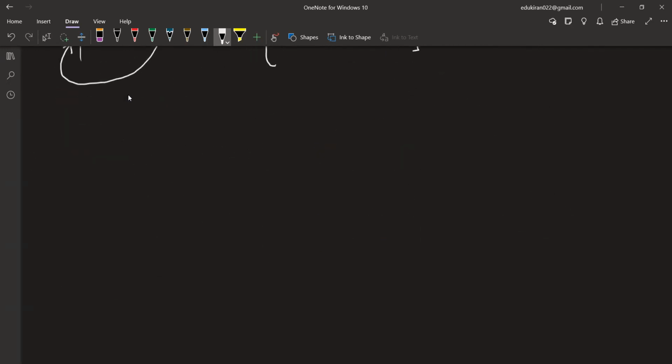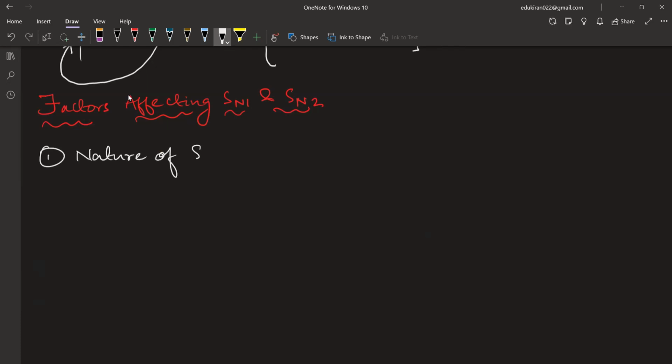Now, factors affecting SN1 and SN2. There are 3 factors that are going to affect the rate of SN1 and the rate of SN2. The first one is the nature of substrate. What is the substrate here?